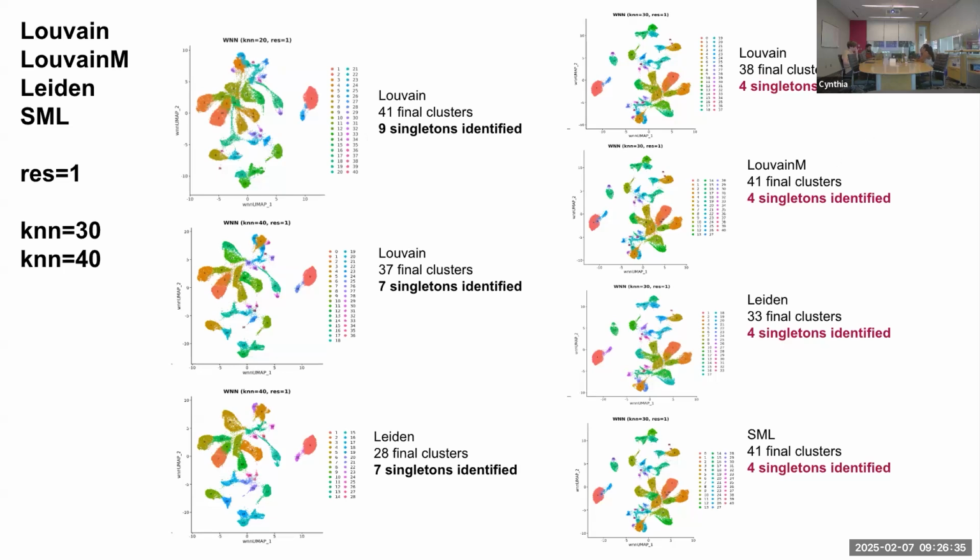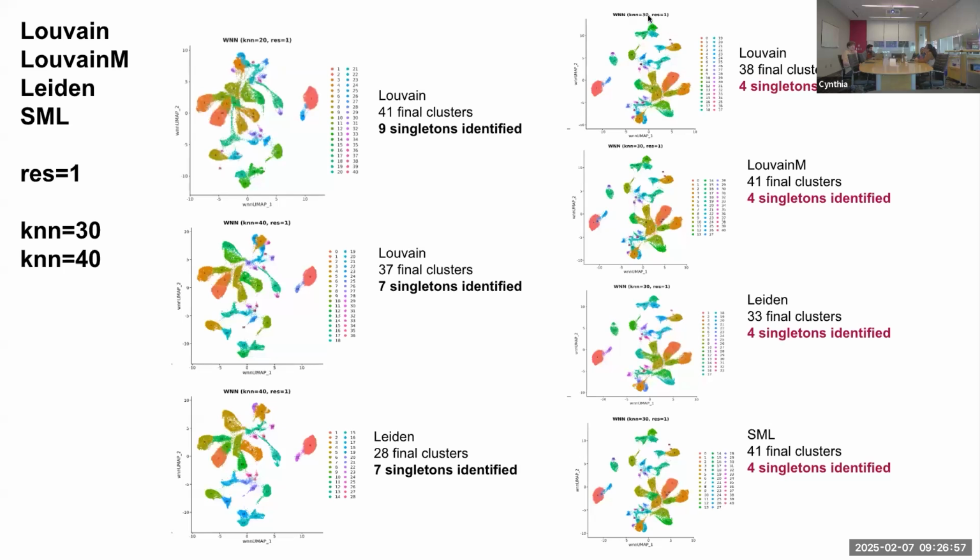And also, when we were analyzing this, we can see that definitely the parameter that most affects the way that we can reduce the number of singletons was the number of nearest neighbors to consider.